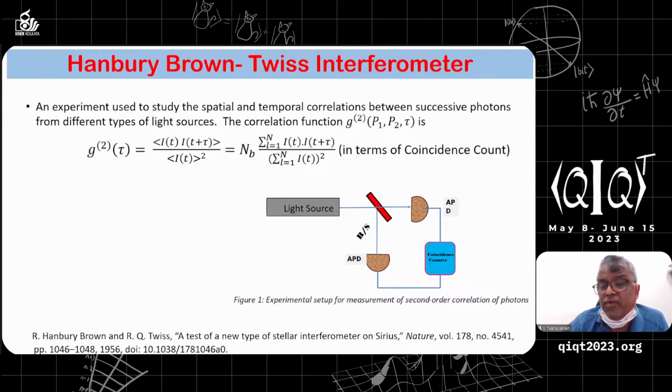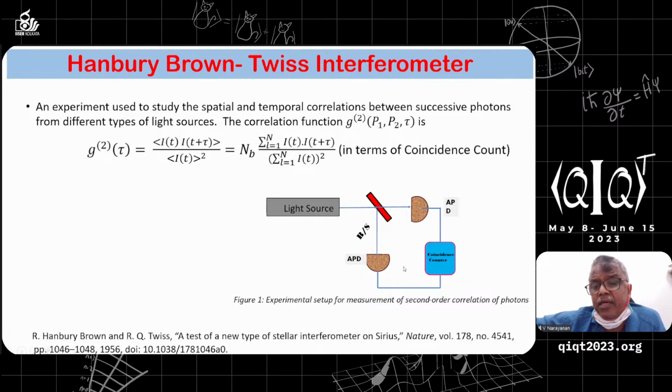The output is given to a coincidence counter. So one can characterize various light sources using this method, especially Poissonian, which is a coherent source, and super-Poissonian, which is chaotic light or black body radiation, and also sub-Poissonian statistics one can see in certain non-classical light sources.